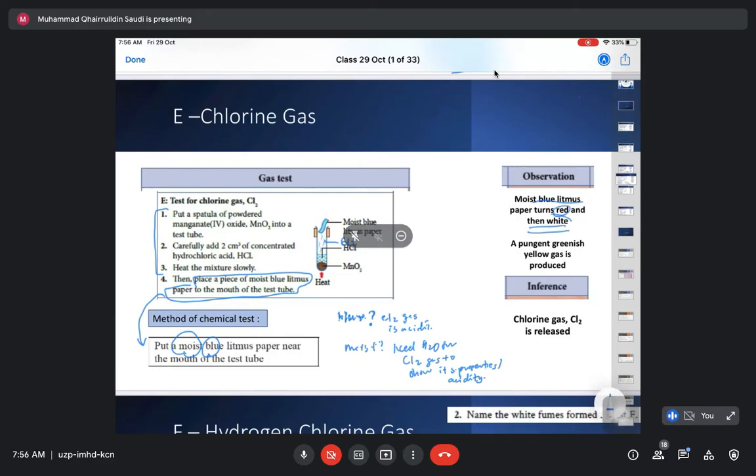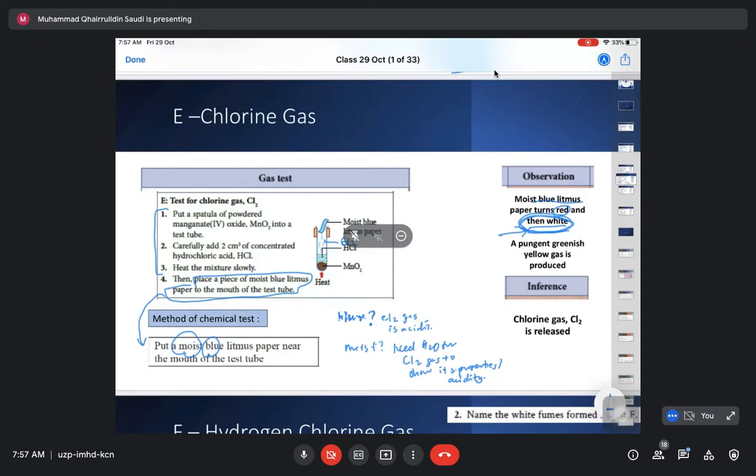Okay, dekat sini ini adalah a crucial clue, kan tak? Sebab nanti akan ada satu lagi eksperimen yang kita guna blue litmus paper turns red, tapi bila chlorine gas dia akan turns white. Do you still remember kenapa dia turns white? Mula-mula turns red, oh acidic, tapi kenapa tiba-tiba white? Ada satu lagi properties of chlorine yang menyebabkan dia jadi white.